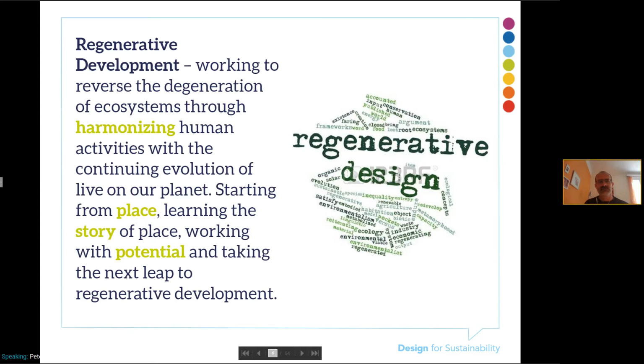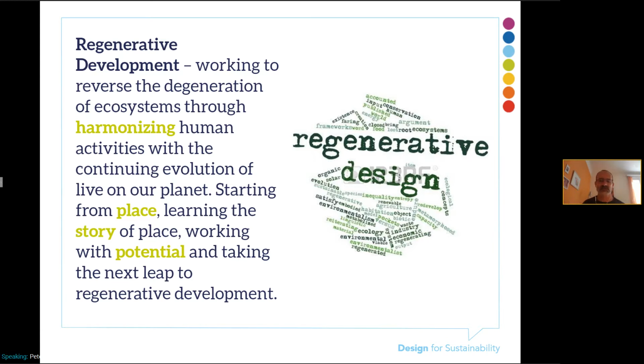Then regenerative development, the other term I brought up in my title, is working to reverse the degeneration of ecosystems through harmonizing human activities with the continuing evolution of life on our planet, starting from place, each individual place, learning the story of a place, and working with potential as opposed to what we're doing nowadays most of the time, working on problems.